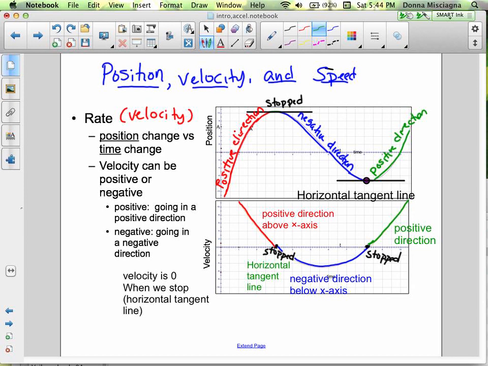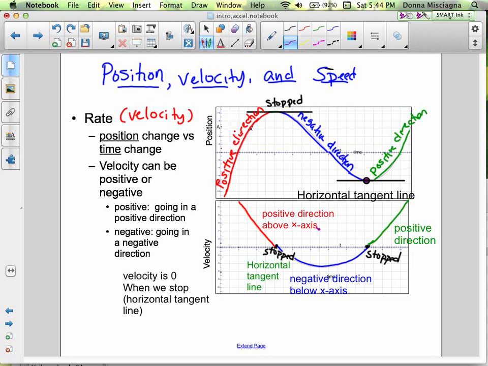Now notice I said position, velocity, and speed. So I'm going to graph the speed function in purple. And well, the speed function is going to look just like the velocity function, except in one location. So it looks like velocity here is -4. Instead of being -4, it's going to be +4.